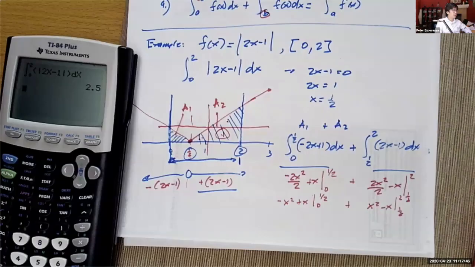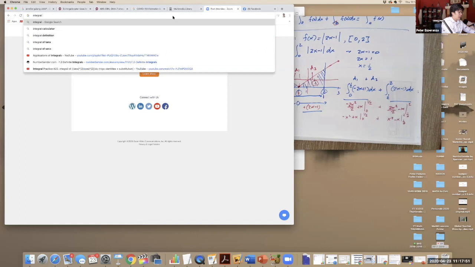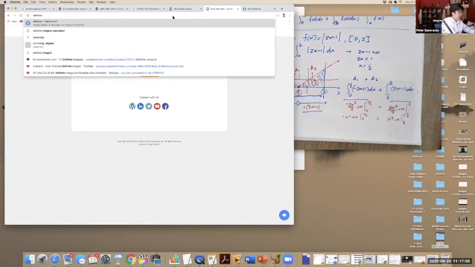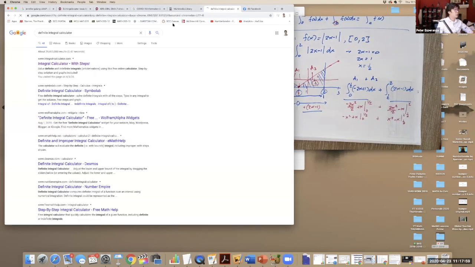Okay, I'll just use the desktop since I cannot find yours. So let's say integral, definite integral calculator. So you can use Google to figure it out.